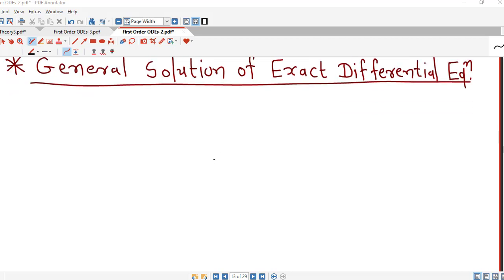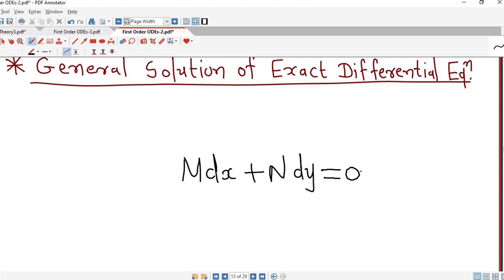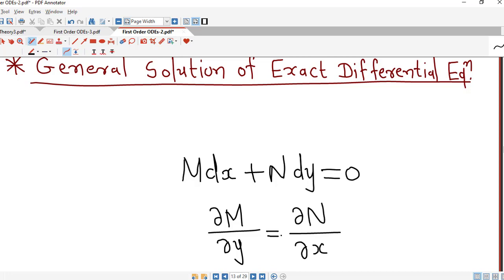Before going for the solution, we recall that if our differential equation is in the form M dx plus N dy equal to 0, it is exact if the partial derivative of M with respect to y and the partial derivative of N with respect to x are equal.